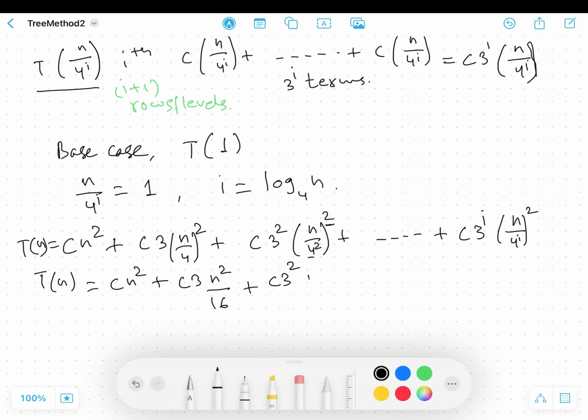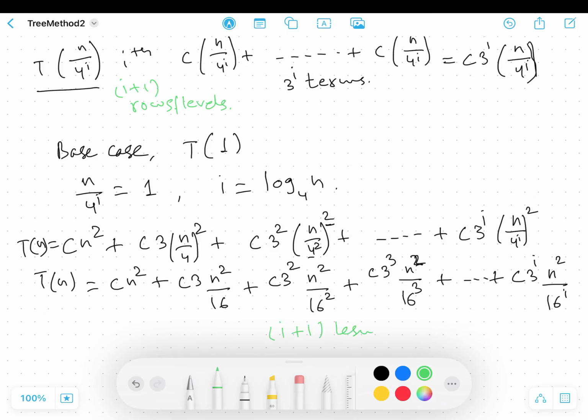This will be n square upon 16 square. If I write the next term, it will be n square upon 16 cube, up to C3I n square upon 16I. Okay, and these are I plus 1 terms.